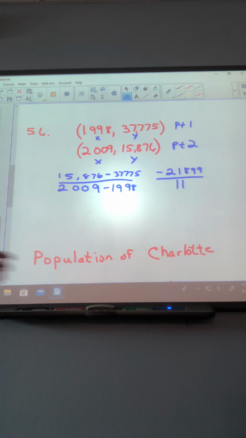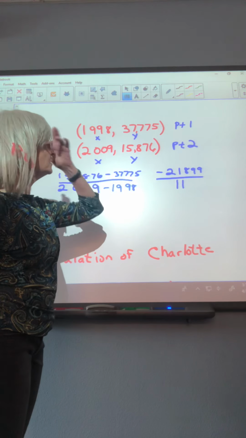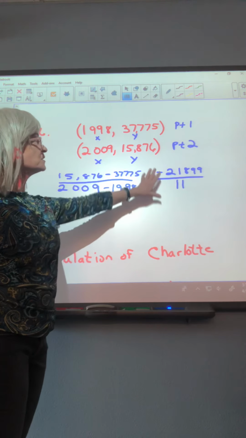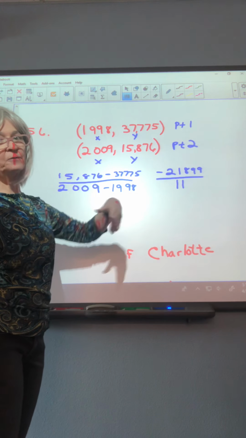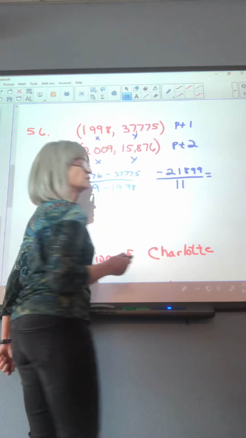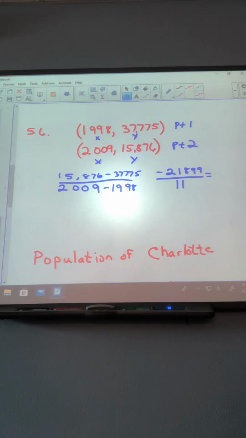So did you get a negative 21,899 over 11 years? So this would be our slope, but they want a rate of change. So that means per year, what would the change be? So we would divide the 21,899 by 11.